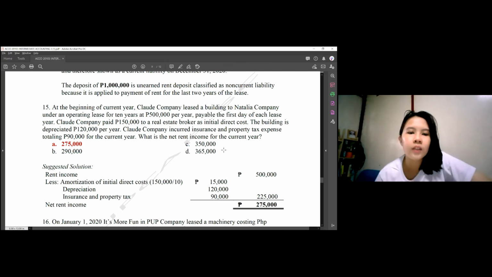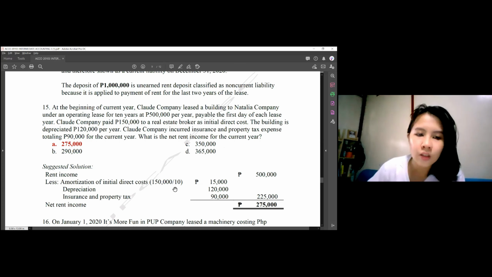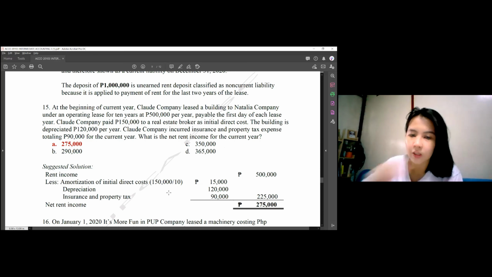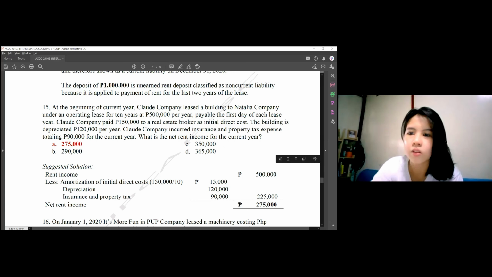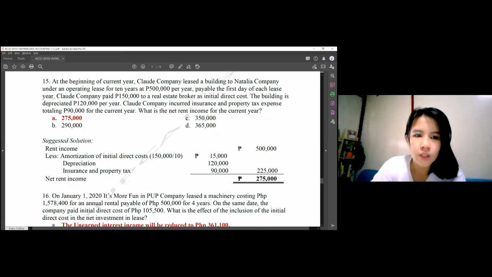In case na ang tinanong ay cash inflow, remember to apply cash basis, which will exclude depreciation and of course will deduct the initial direct cost as a whole. So rare case naman yung mga tanong na yun, but at least remember to apply the concept of cash basis if ever.